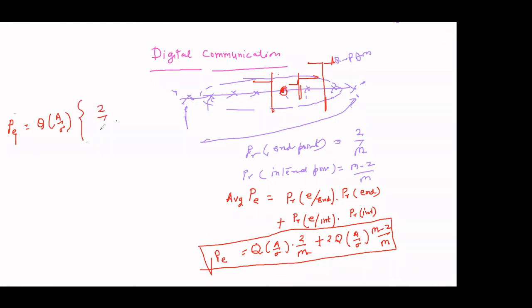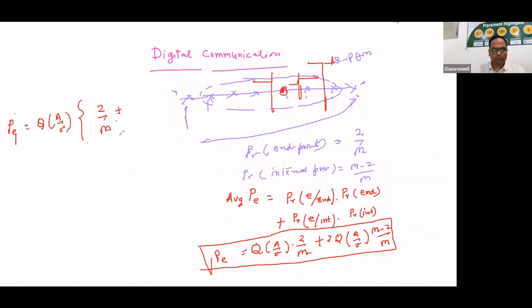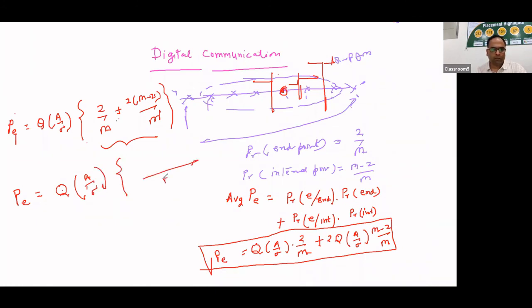It will be 2/M plus (2M−2)/M. The LCM will be M, capital M. So 2 plus 2M minus 4, right?